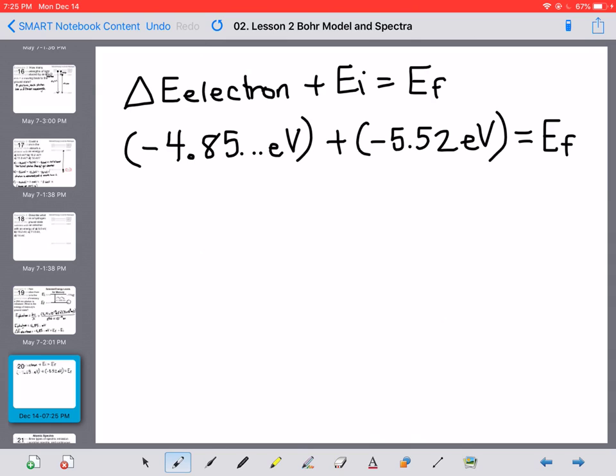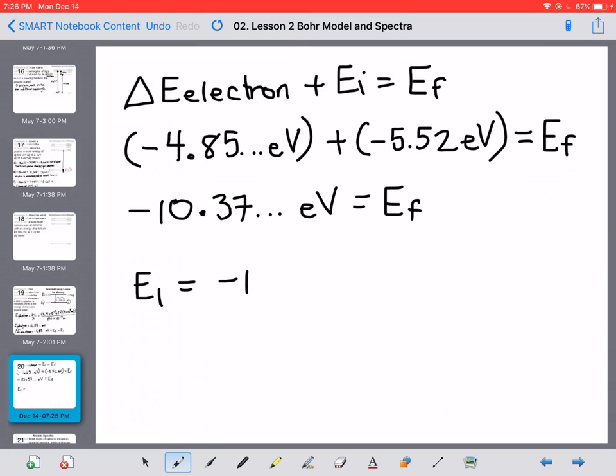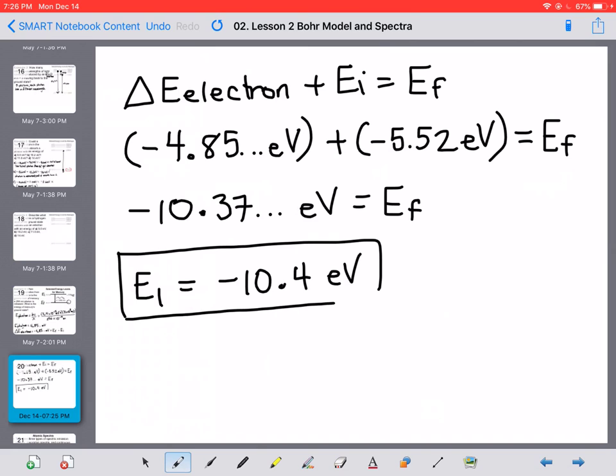So I get negative 10.37 eV as the final energy. So the final energy is going to be the energy of energy level 1. So the energy of the first energy level here, to 3 significant digits, is going to be negative 10.4 electron volts.